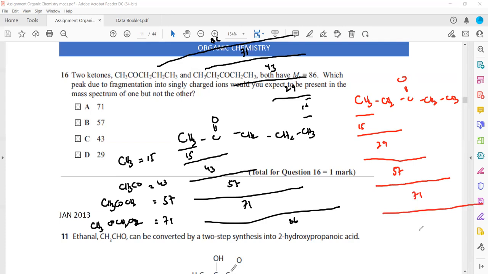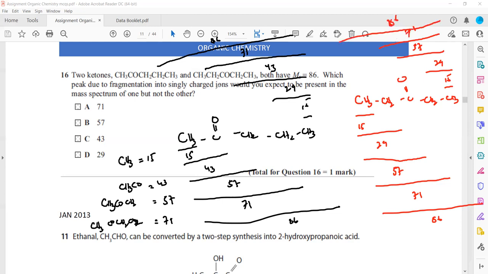And 71 plus 15, so it will be 86. And for the other side, the peak will be 15, 15 plus 14 is 29, 29 plus 12 is 41, plus 16 is 57, 57 plus 14 is 71, and 71 plus 15 is 86.